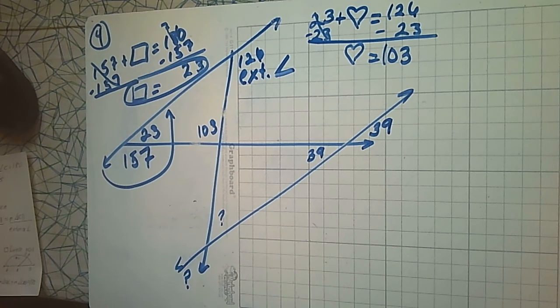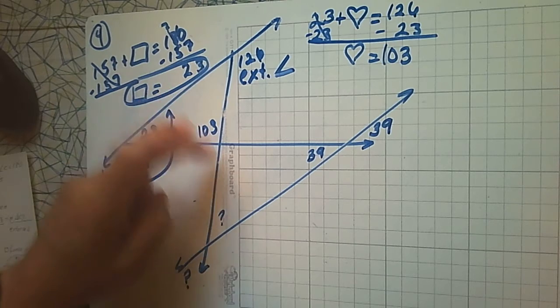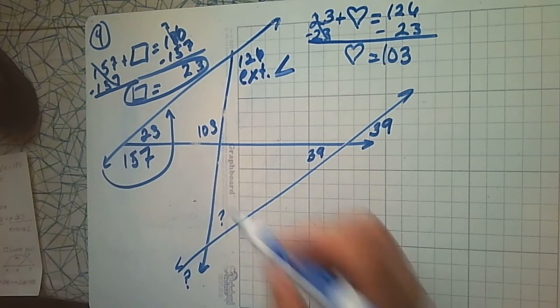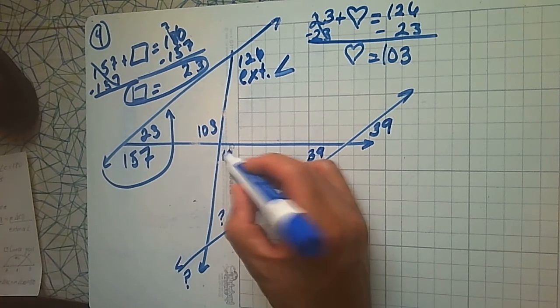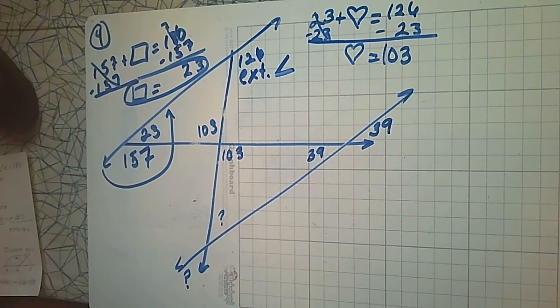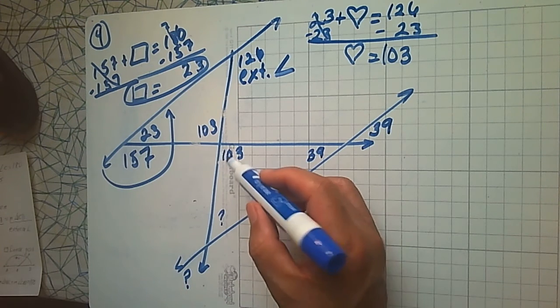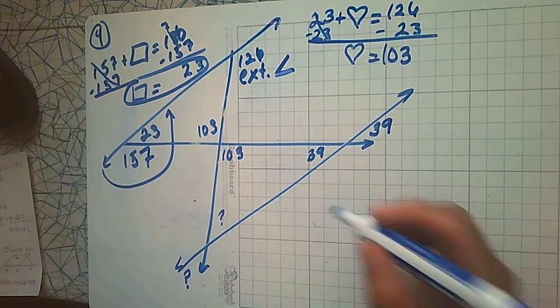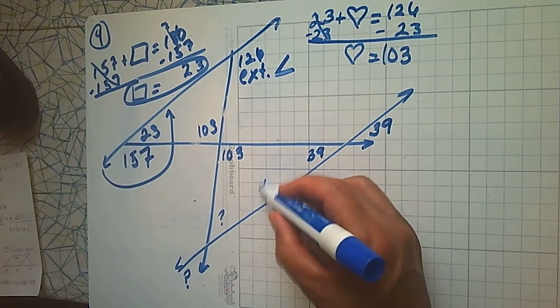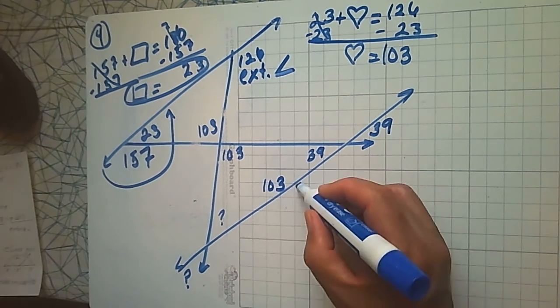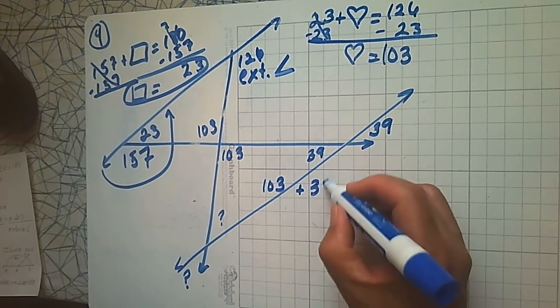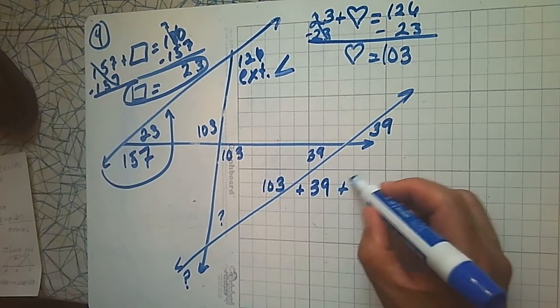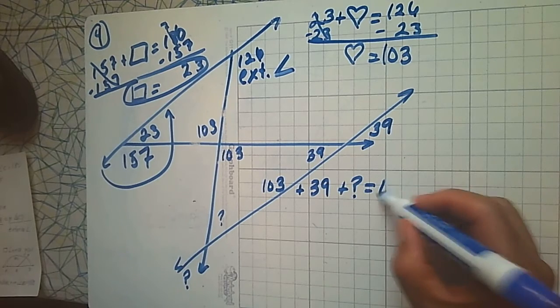Now, this will be a vertical angle, so this is 103, this will be 103. Now, I can use the triangle sum theorem. If you add them all together, it should be 180. So I'm going to do 103 plus 39 plus question mark is equal to 180.